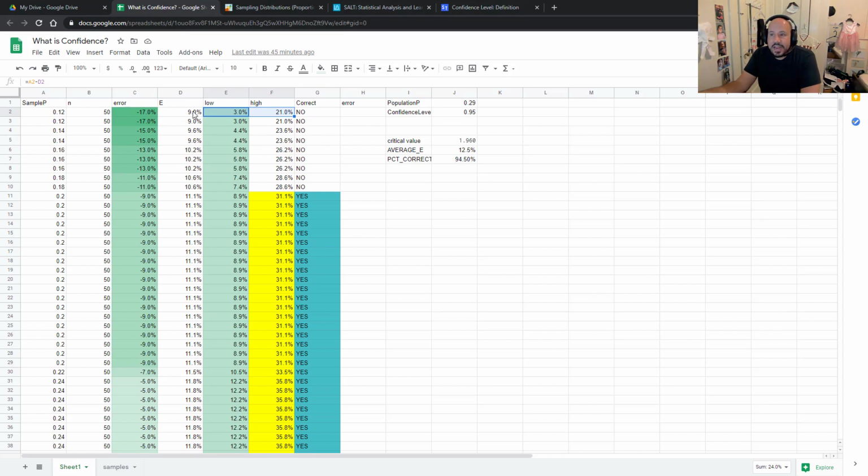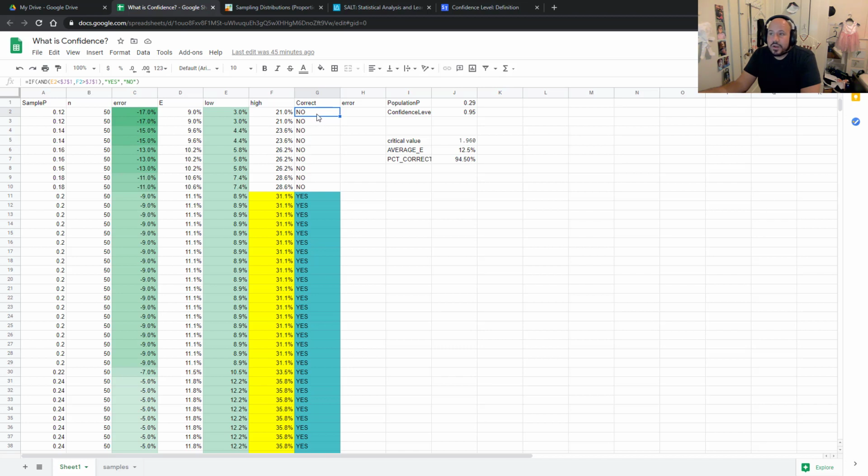So if I had a 95% confidence level, the margin of error would be 9 percentage points for this estimate, and we would have an estimate that would take us from 3% at the low end all the way up to 21% at the high end. Now, if you notice here, the true value, that 29%, is not inside this interval. And that's what this particular column represents.